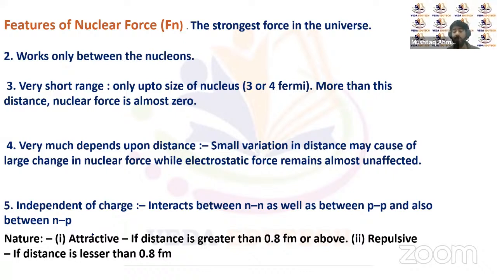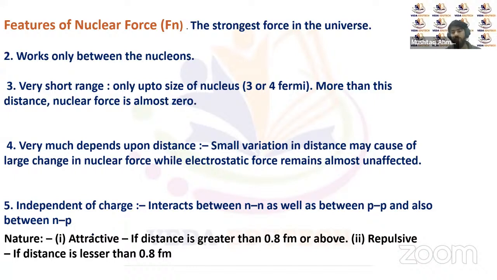Once the distance is less than 0.8 femtometer, the nuclear force becomes repulsive in nature. So the nature of the nuclear force is both attractive as well as repulsive, depending upon the distance between the nucleons. If the distance is greater than 0.8 femtometer, it will be attractive, and if the distance decreases to less than 0.8 femtometer, it will be repulsive.